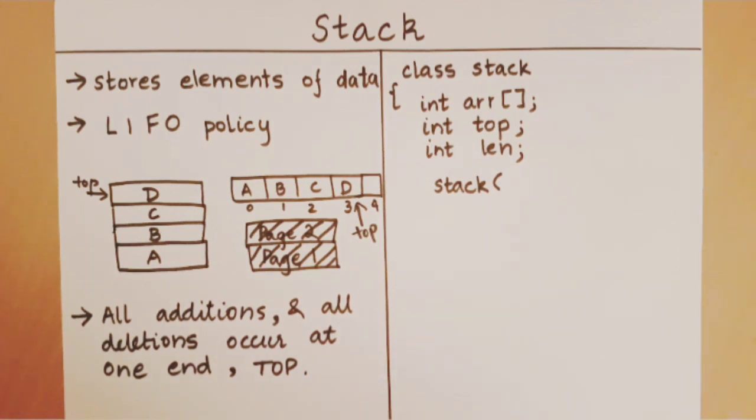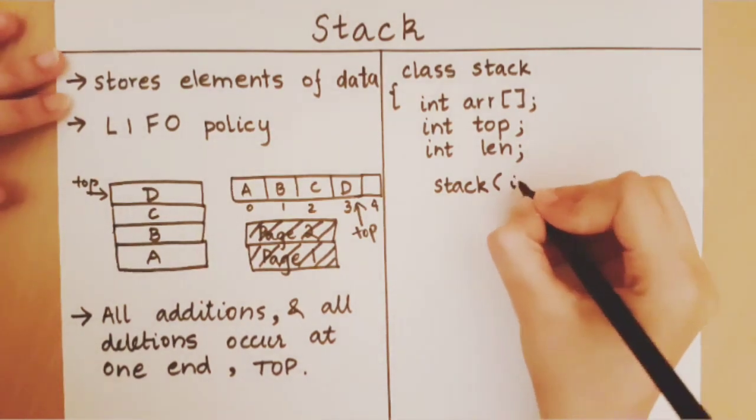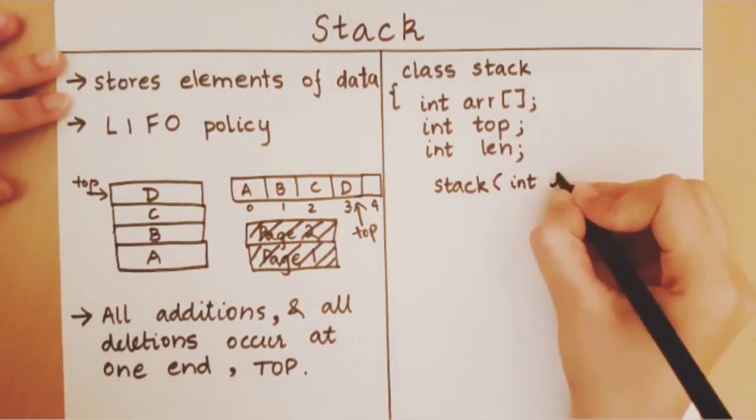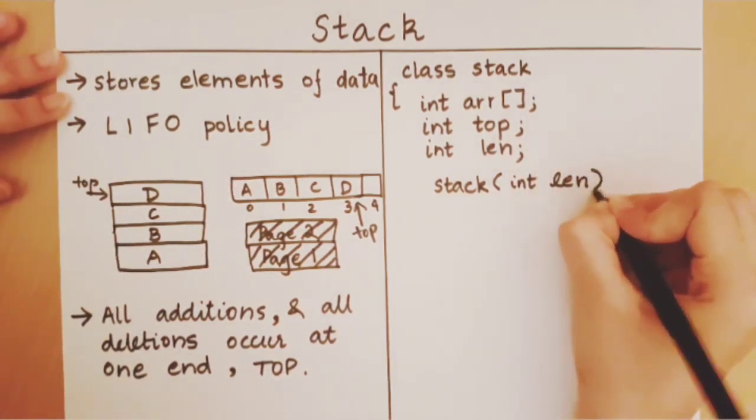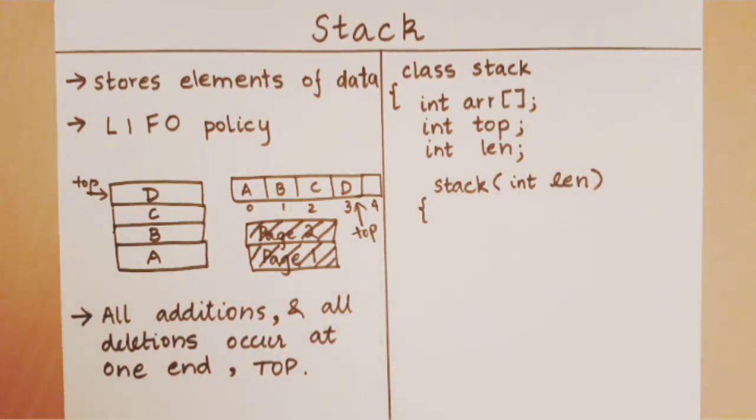This parameter is going to be the length of the array. We are assuming that when the user creates a stack, he will create it along with whatever size he wants the stack to be. So I have a user input len coming to the stack whenever he creates that object.